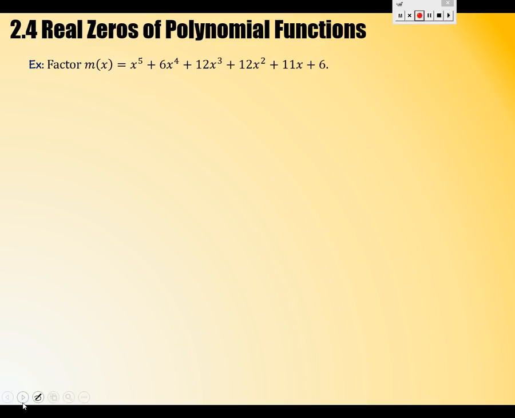This is 3 minus 5. No, that doesn't work. Yeah, we know it has to be negative, right?